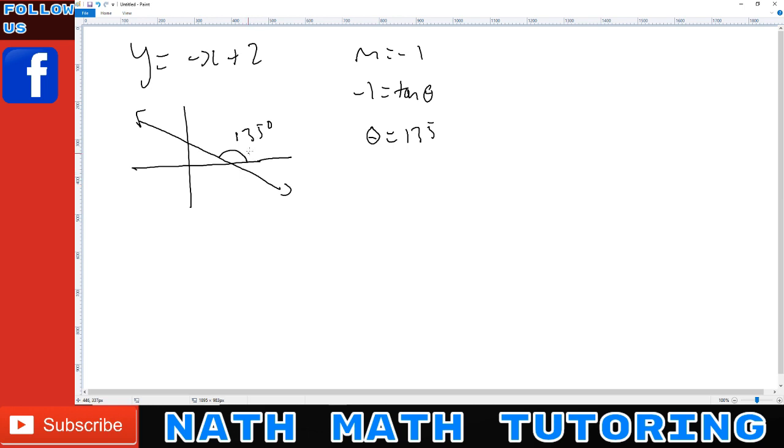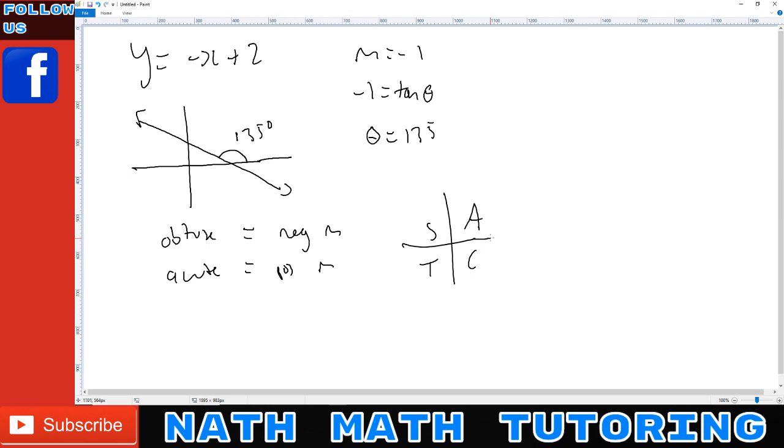The reason that a negative gradient is obtuse, so obtuse is a negative gradient, and acute equals positive gradient, is to do with all stations to central. So you see here, this is acute angles, and here this is obtuse angles.